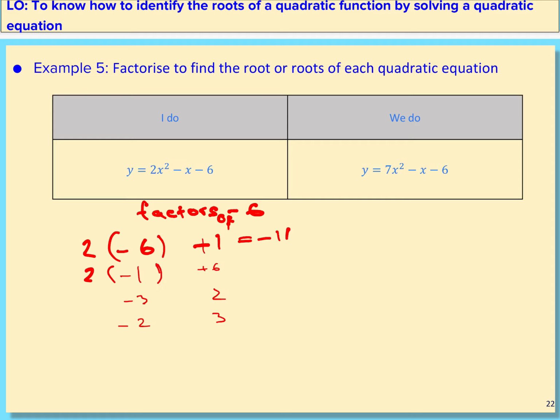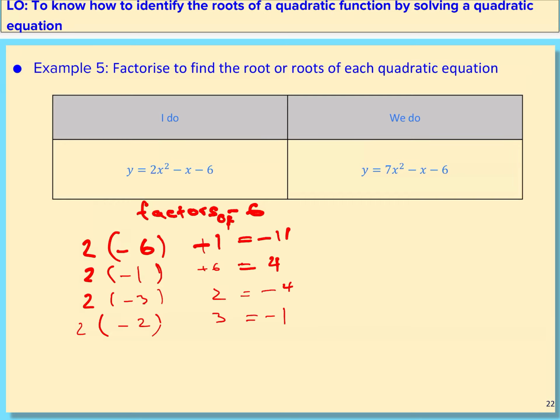So 2 times -6 plus 1 gives us -11, which is not our answer. Let's try this one. 2 times -1 gives us -2 plus 6, which gives us positive 4.